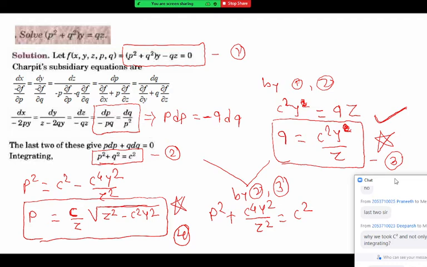Okay, so I hope there is no doubt up to this step. So you note down the values of P and Q, and now we are replacing these values in the equation known as dz equal to P dx plus Q dy.